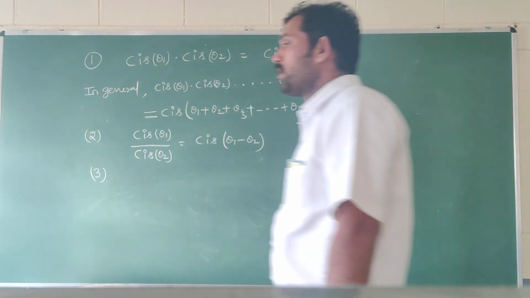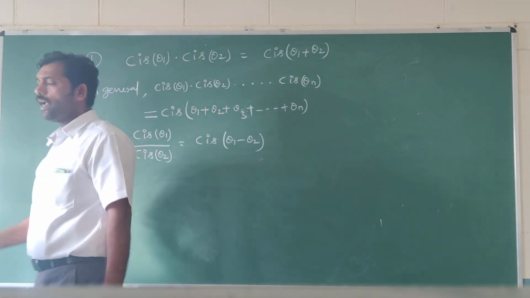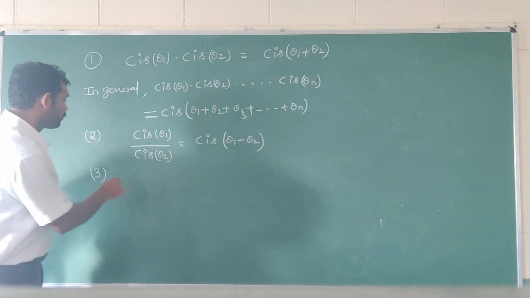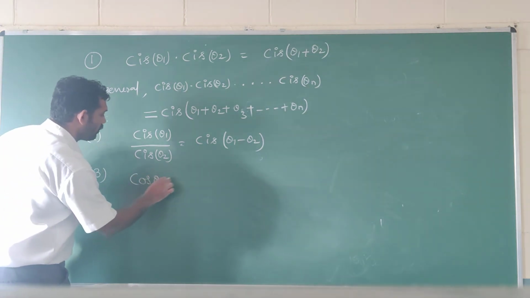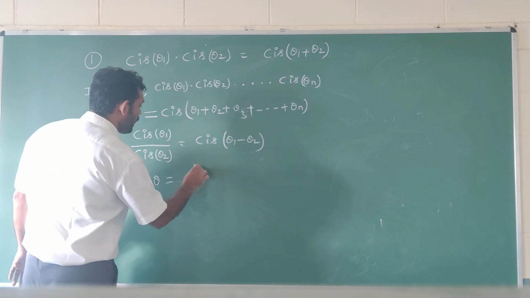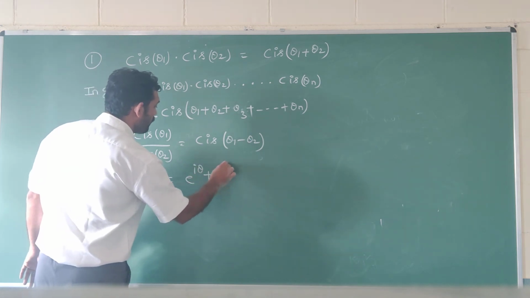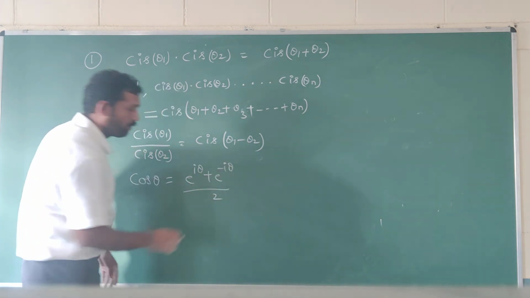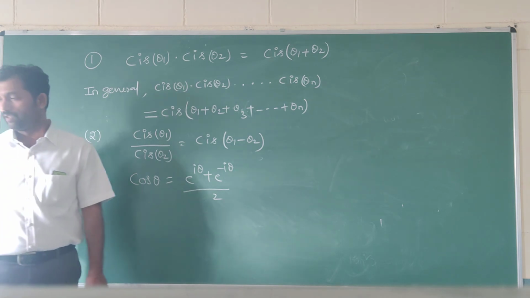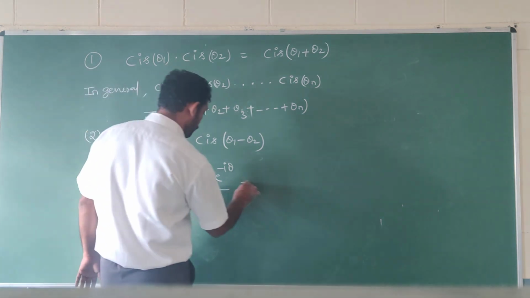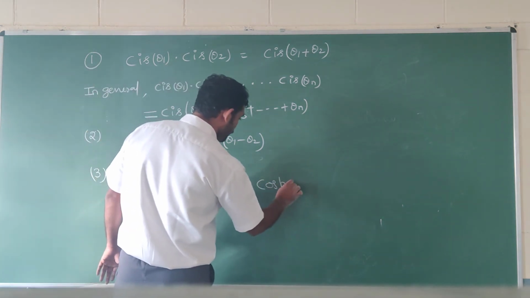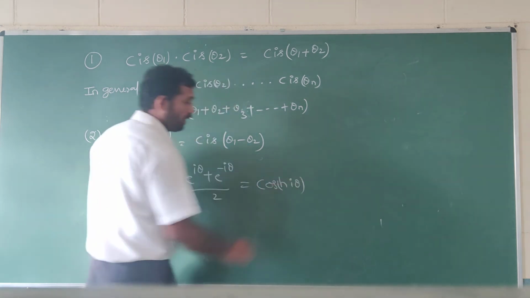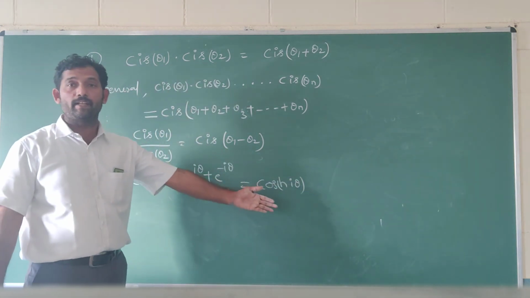Next, Euler's form. In Euler's form we have to take the exponentials. So cos theta = (e^(i theta) + e^(-i theta)) divided by 2. It is also equal to cosh(i theta), that is a hyperbolic trigonometric function.